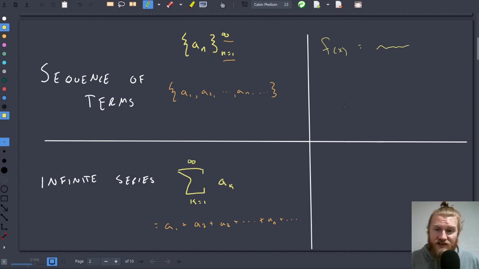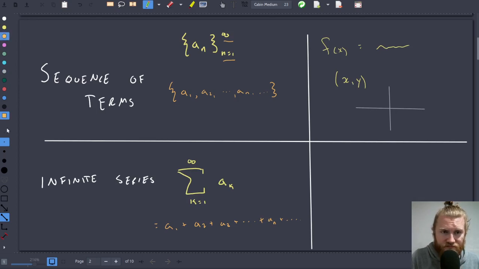And what we can do is we can get pairs, right? x inputs and y outputs. And then we can plot all these points on a graph. So maybe we have some graph that looks like this, or something like that.